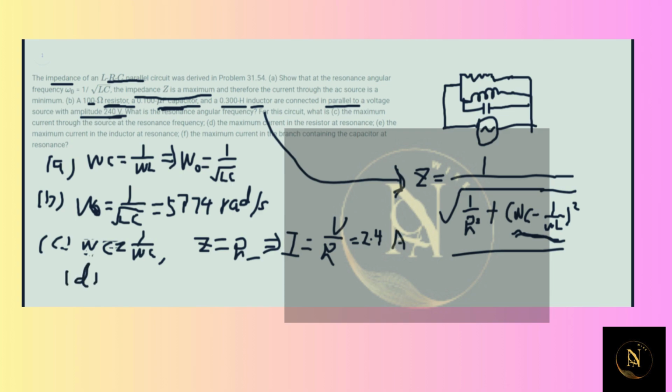And for part D, the maximum current in the resistor at resonance. For part E, the maximum current in the inductor. For part F, the maximum current in the capacitor. We'll answer these three parts at the same time, D, E, F, because this is a parallel circuit.